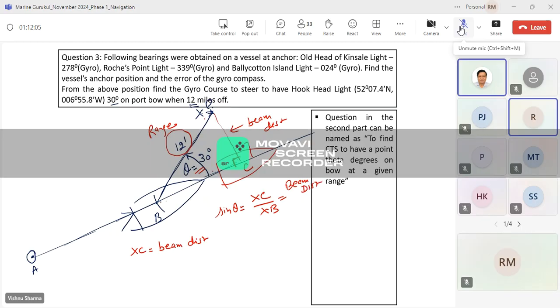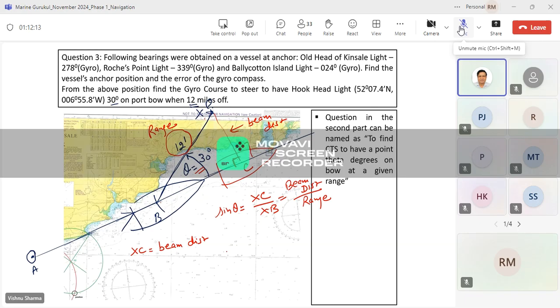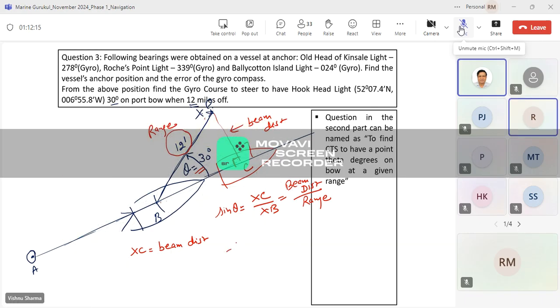What is XB? XB is the range at which you want to have the light theta degrees on the bow. So from here, what do you get? You get beam distance is equal to range into sine theta. Am I right, guys? Yes or no?